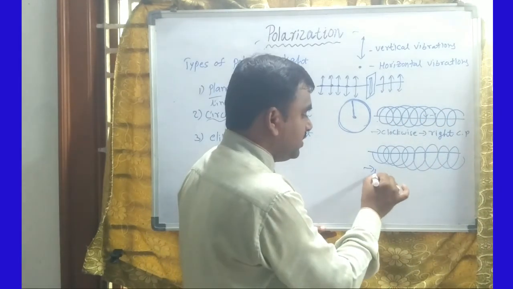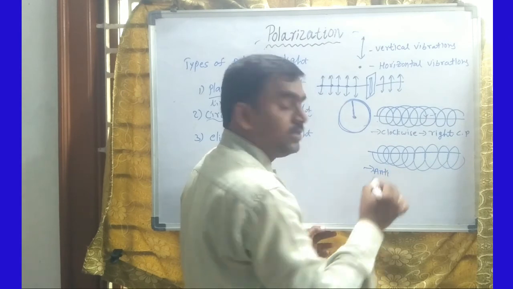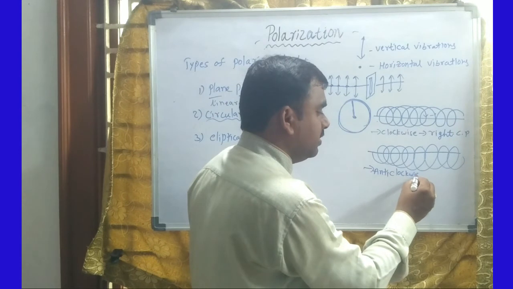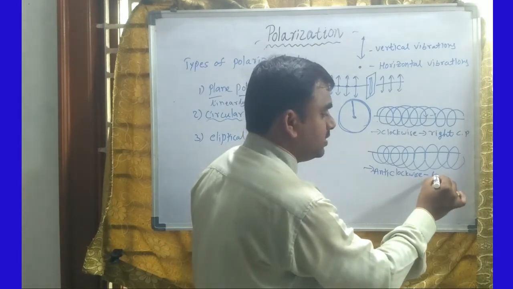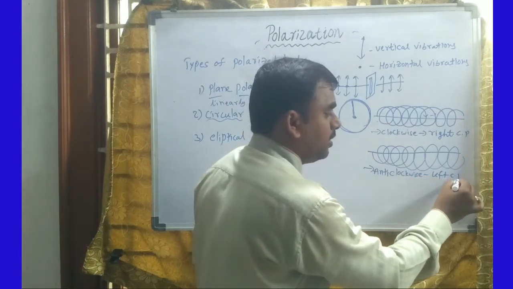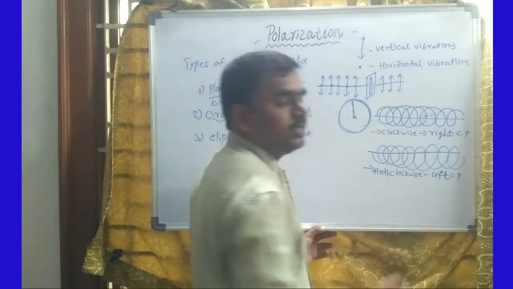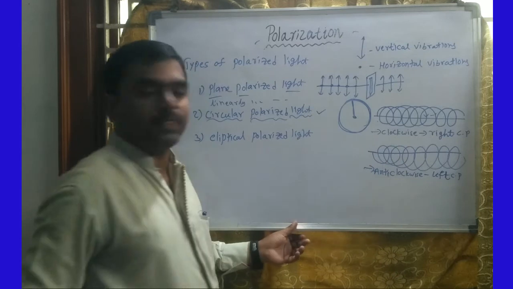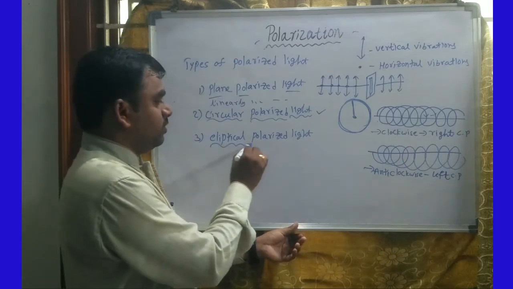If the rotation of the electric vector is anti-clockwise, then we can say that is left circularly polarized light. That is the second one. Now come to the third one.